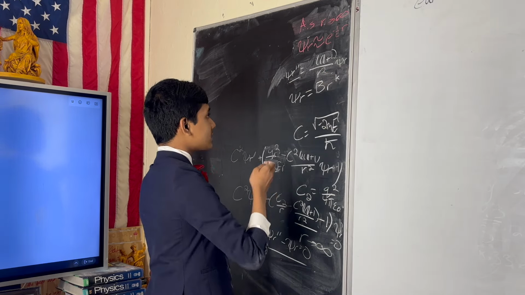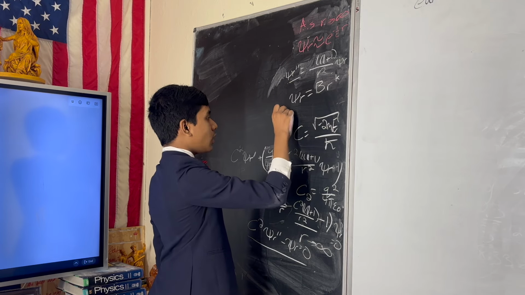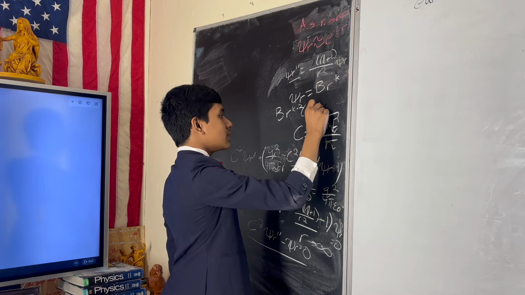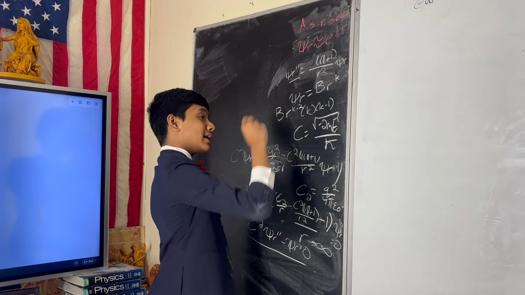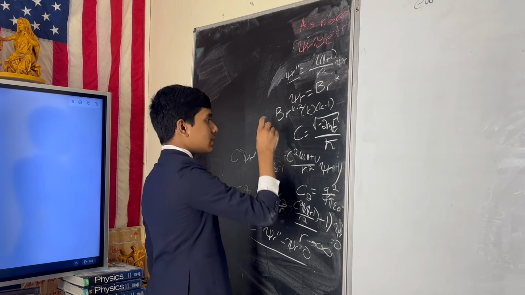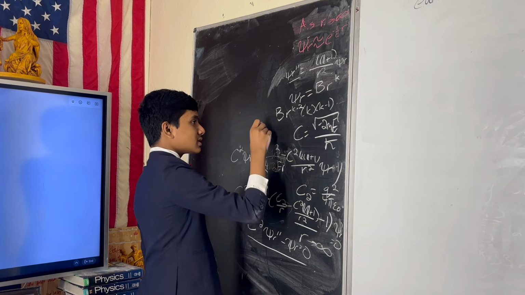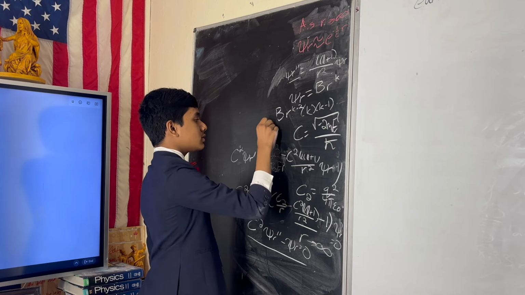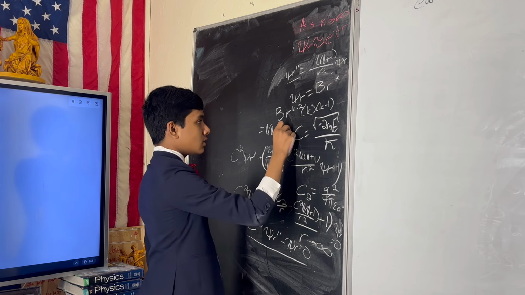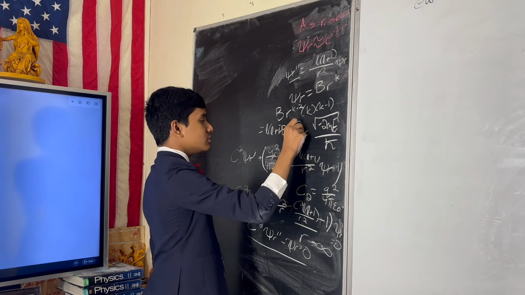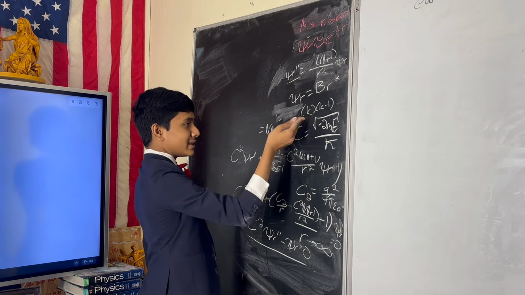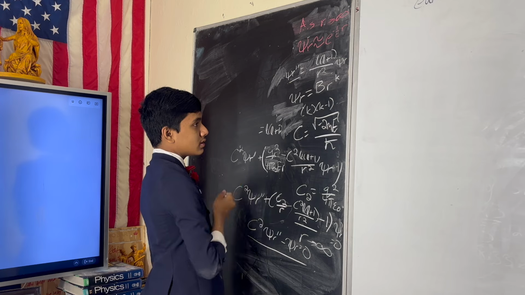And so we get b r to the k minus 2 times k times k minus 1. Oh, and that's why L times L plus 1 is so useful here. It's also very useful for the way the power rule works. This is going to be equal to L times L plus 1 b r to the k minus 2. So the b r to the k minus 2 cancels out, and we get that k is just equal to L plus 1.